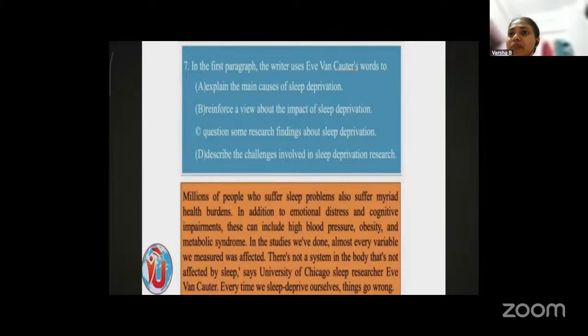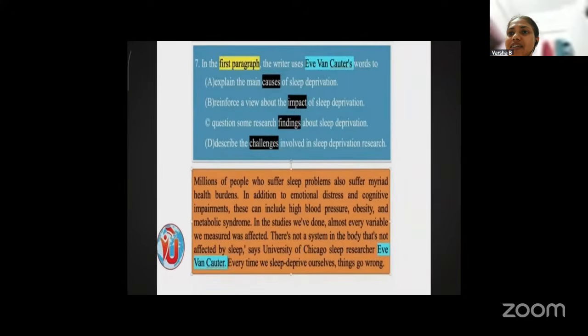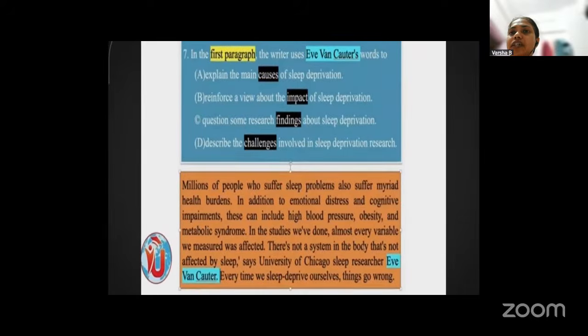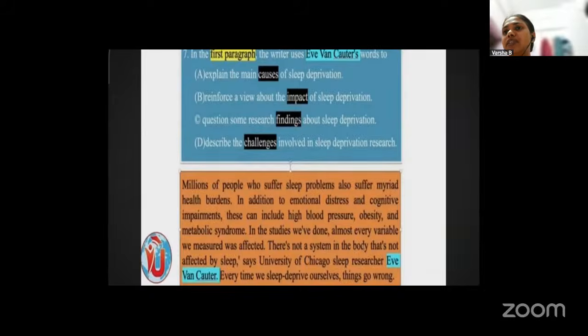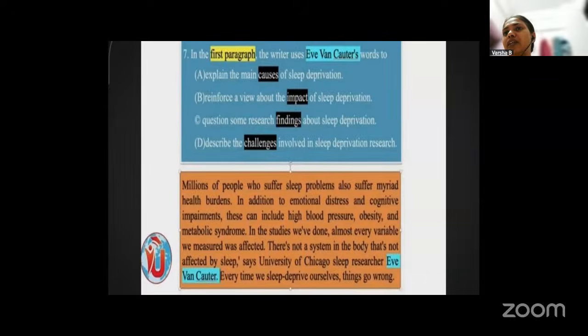So the next slide, please. Here we mark the hedging words in the question as well as the answer options. In the first paragraph, we will mark the first paragraph. If we are a beginner, we have to mark, so we will get the knowledge regarding which paragraph we are proceeding with. As we know that this is a name-based question, we will mark Eve Van Cauter's words to. Now we will read the answer options.